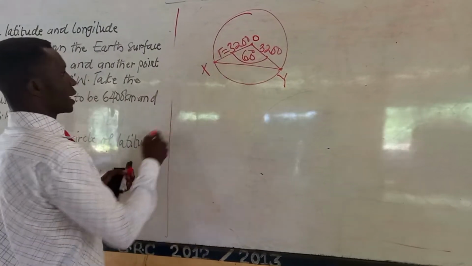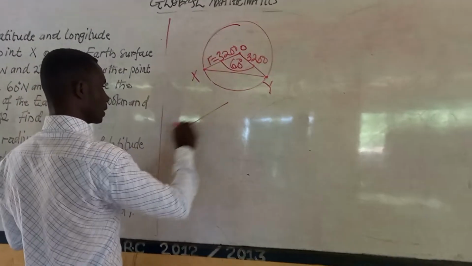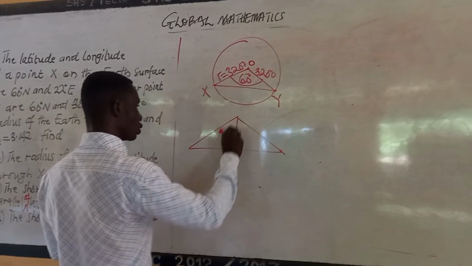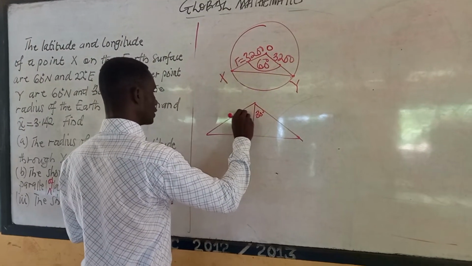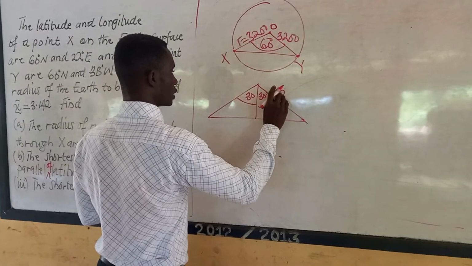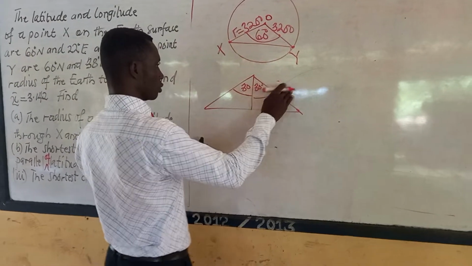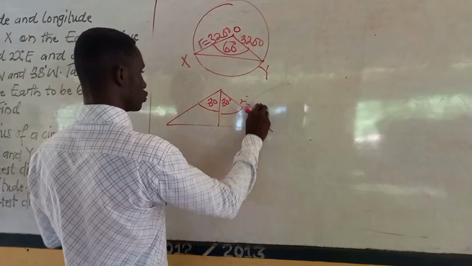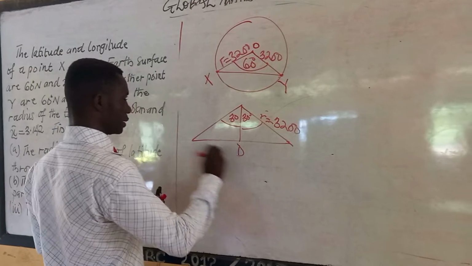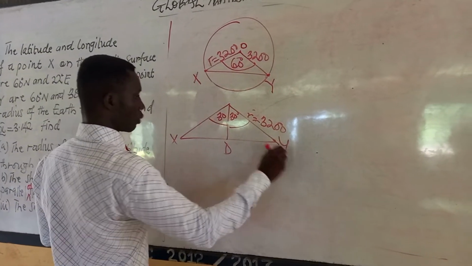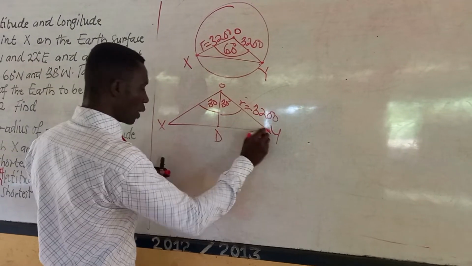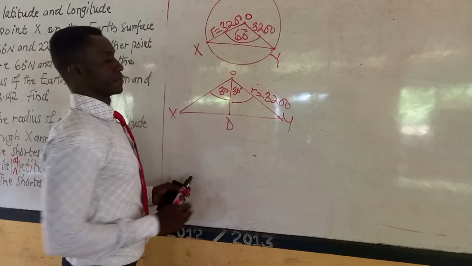Since the triangle OXY is an isosceles triangle, here will be 30 degrees, here will be 30 degrees. This small r is 3,200. Let's call D the midpoint of XY, and this distance DY is the same as XD.